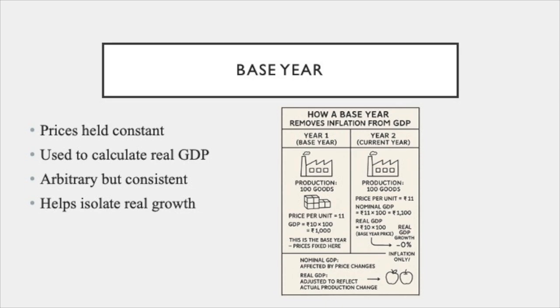Think of it as our anchor year. By using base prices, we can compare output across different years without inflation getting in the way. We're asking how much more stuff are we producing, not how much more expensive did stuff get. The choice of base year doesn't change trends. It just gives us a consistent yardstick to use.